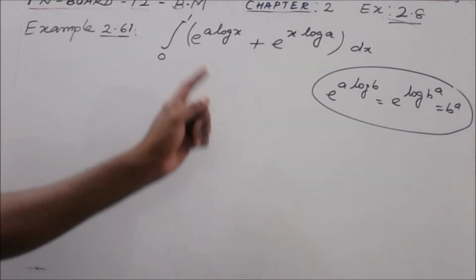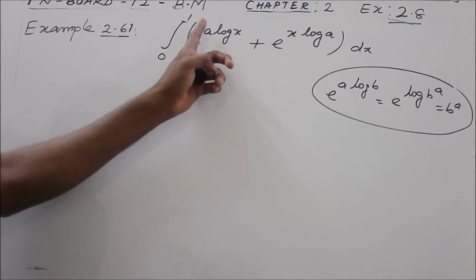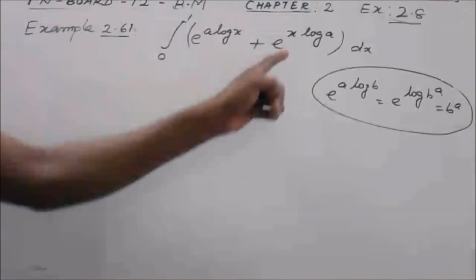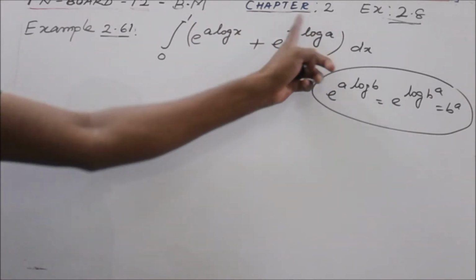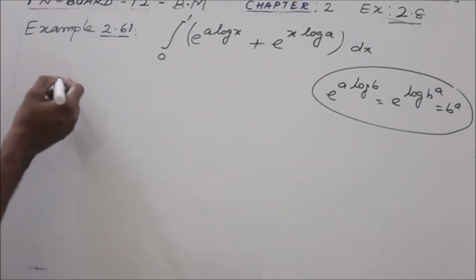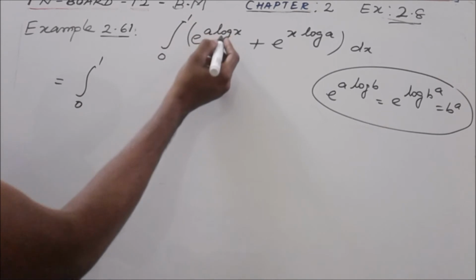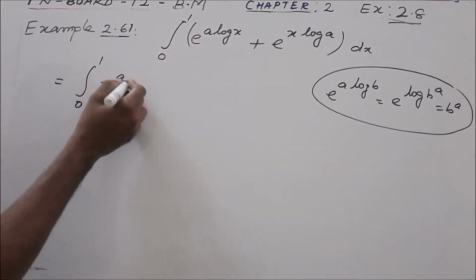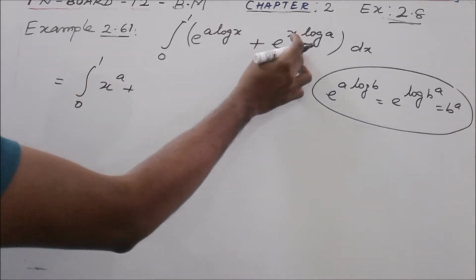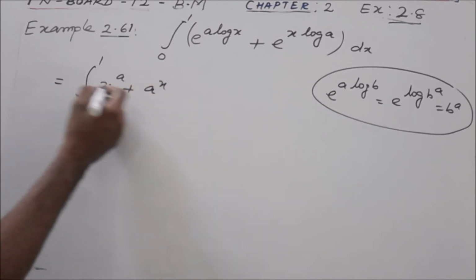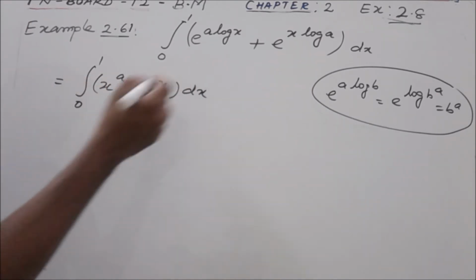By use of this, we can convert this one as x to the power a, and then the second one as a to the power x. So it is equal to integral 0 to 1 of x power a plus a power x into dx.